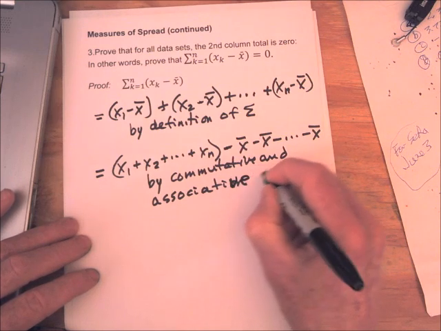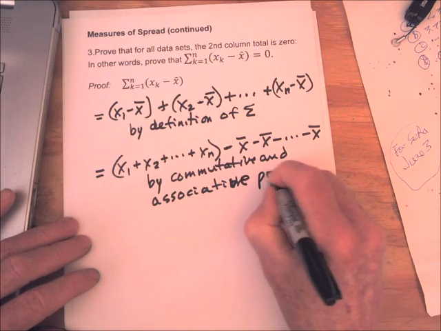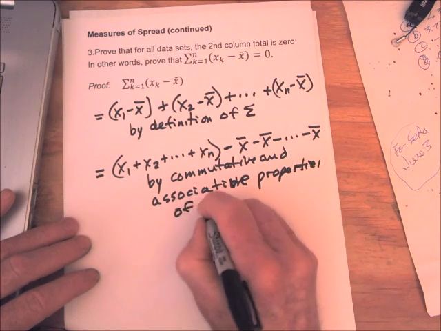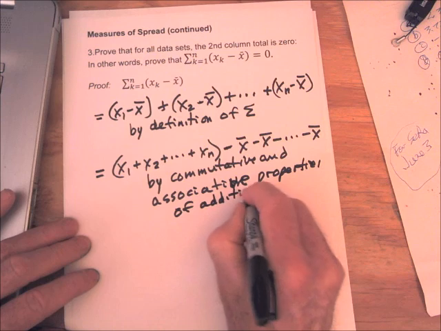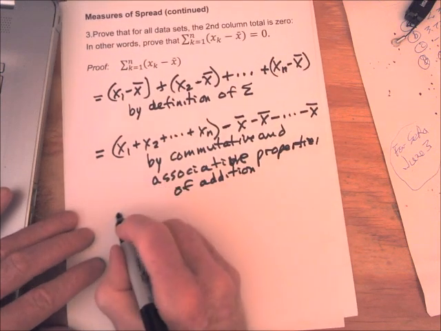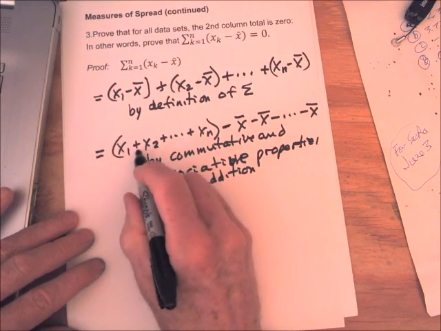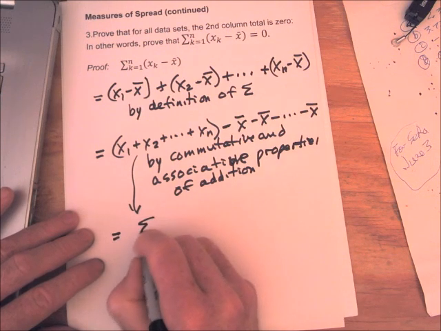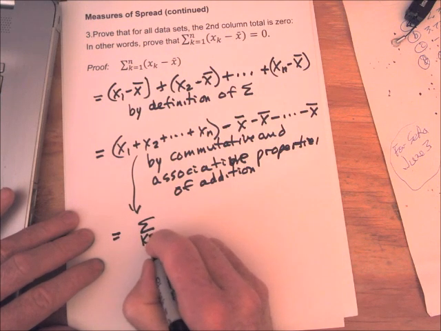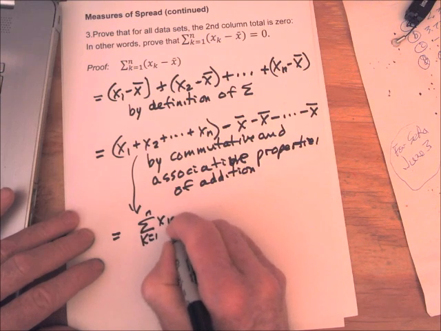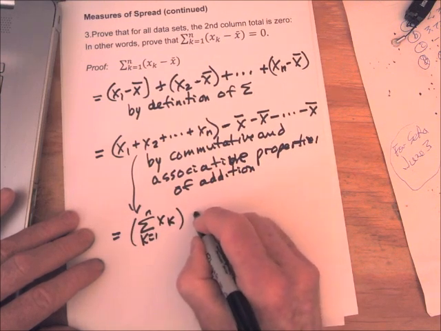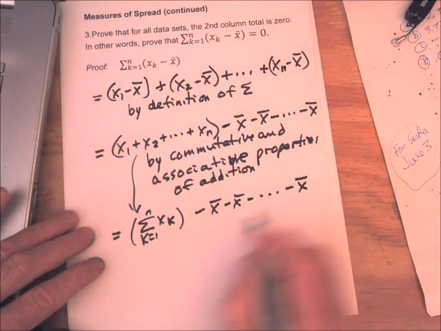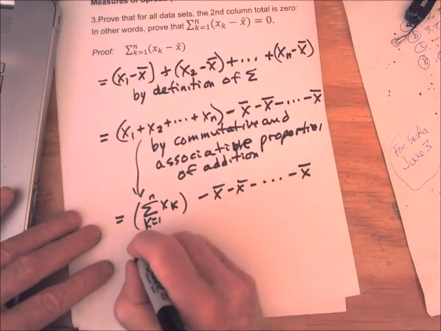Okay, so then we can rewrite this first part using sigma notation again: summation k equals 1 to n of each score, minus x bar, minus x bar, minus dot dot dot, minus x bar. And this is by definition of sigma.